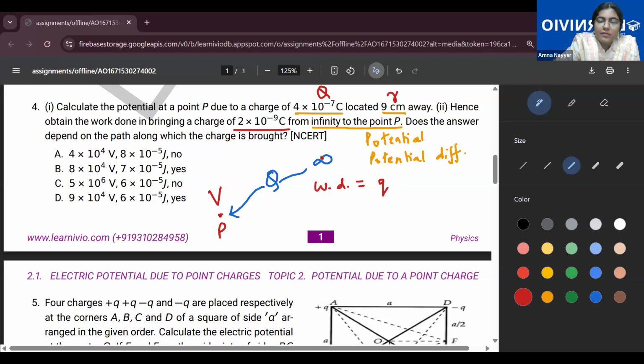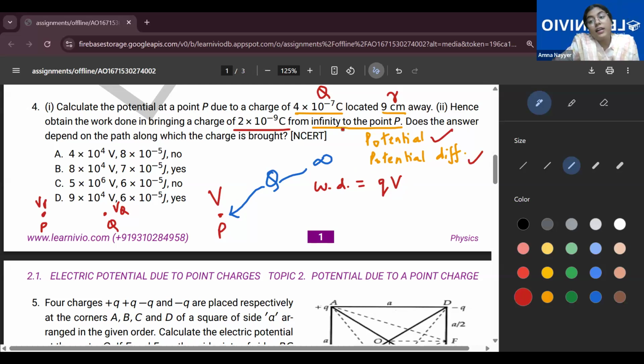Now if something has been brought from infinity to the point, that is just the potential. If it was potential difference, then 2 points would have been mentioned, a point like here P, another point like Q, and the data of Q would have been mentioned, and then you would have calculated VQ minus VP or VP minus VQ depending upon its value. Whatever potential you get, you multiply it with the charge. That will give you the work done. So, for identifying potential and potential difference, infinity is given.